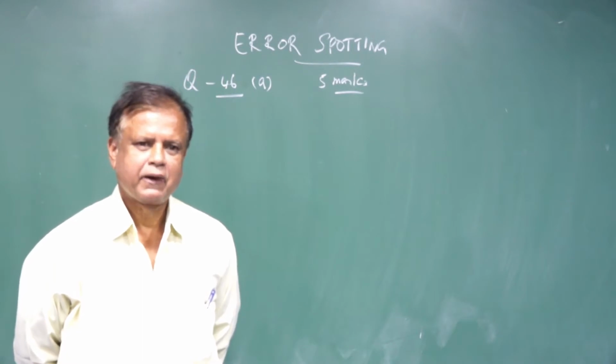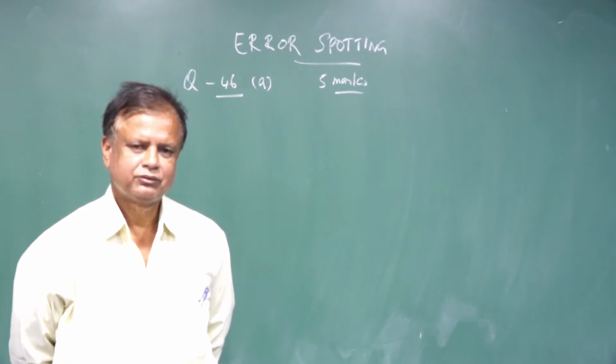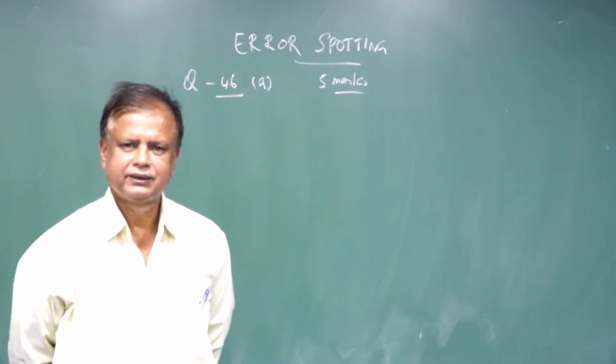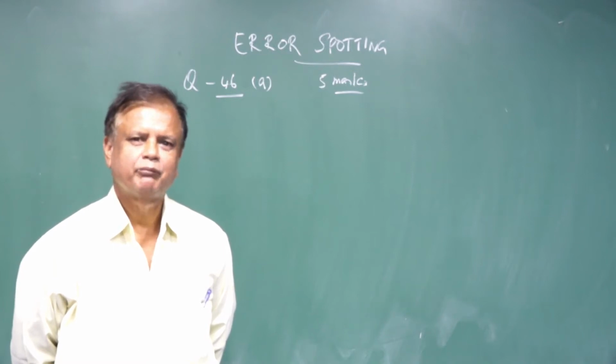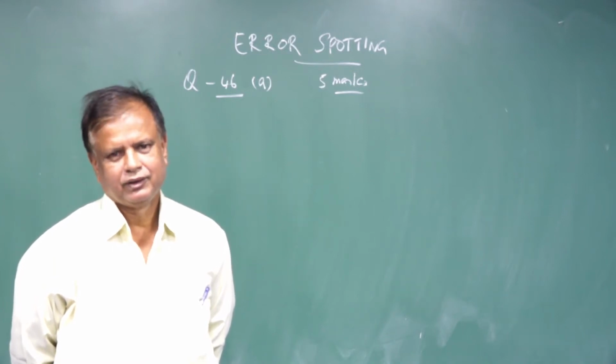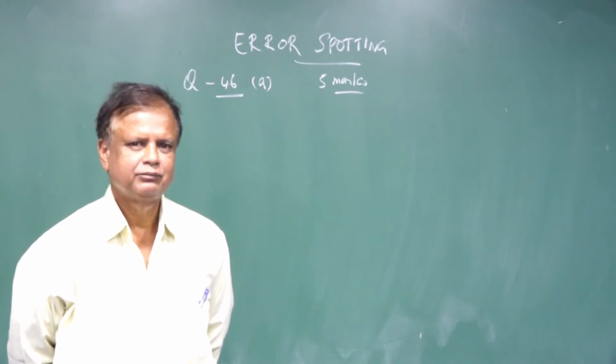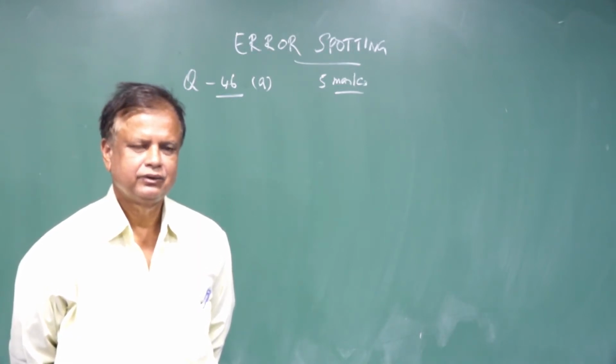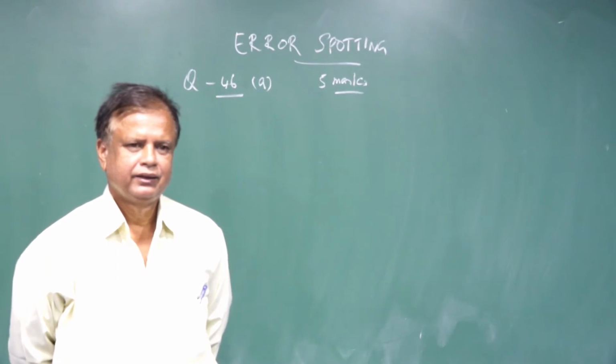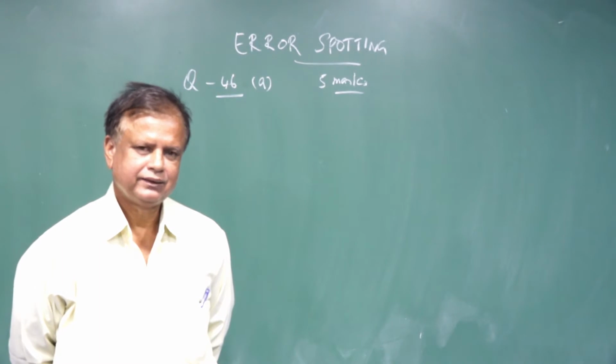Error spotting is nothing but the ability of the students to detect an error in the given sentence. One should never panic before answering this question. He should keenly observe the sentence, as it is only to confuse him or to cleverly cheat him.